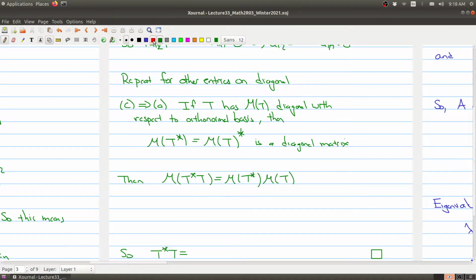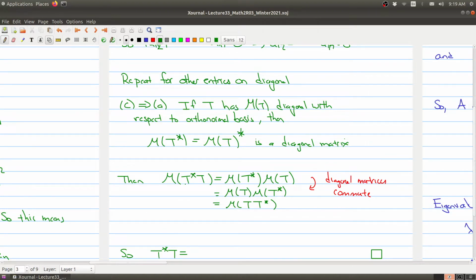Now these are diagonal matrices, and diagonal matrices commute. You may remember that from Math 1B03, so it doesn't matter which order we put them in. So this is the matrix of the operator times the matrix of the adjoint, and then we can recombine it. This is the matrix of the operator, the adjoint of T composed with T.